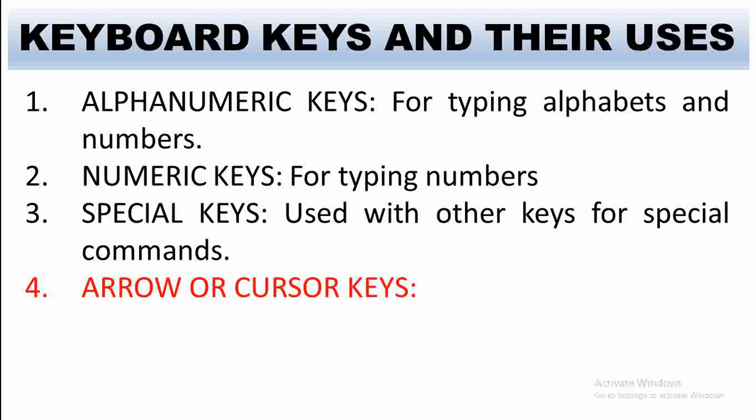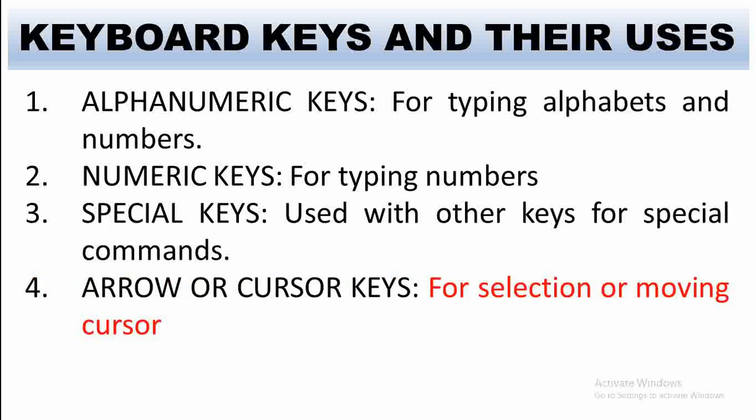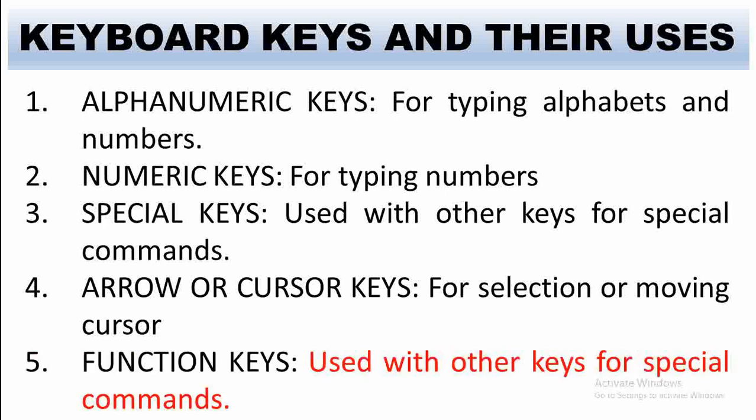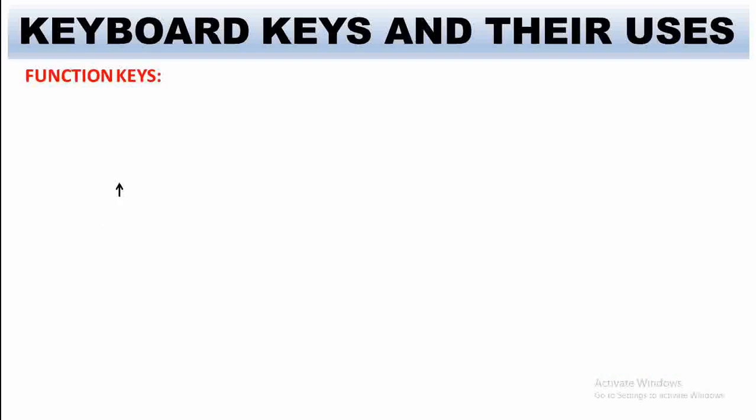I've been using these keys and I've described them many times. They are used for selecting or removing or moving the cursor, while the last one is the function keys, that is the F keys. We use the F keys along with other keys for commands. I've mentioned a few of the uses of the function keys, like refreshing a page.